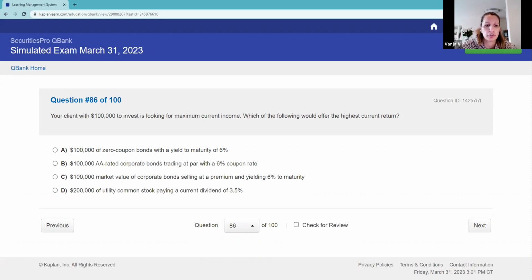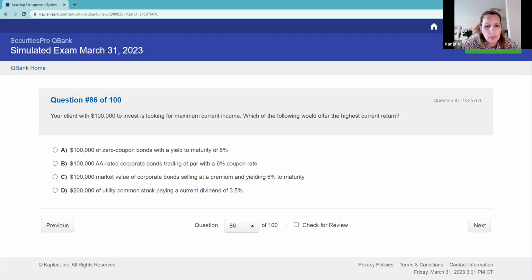Corporate bonds selling at a premium at yield 6. Utility common stock paying a current yield of. Maximum income. Zero coupon bond would only give him interest, no payment. That's right. So that goes away.